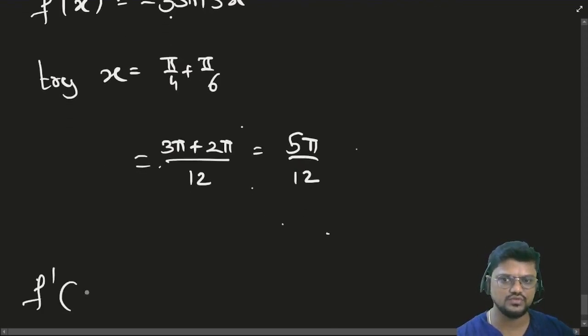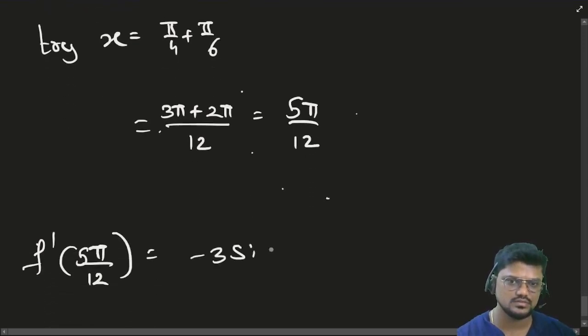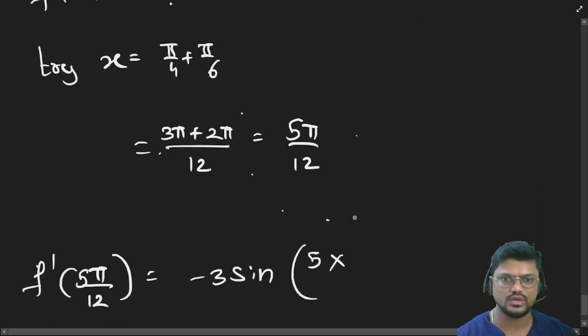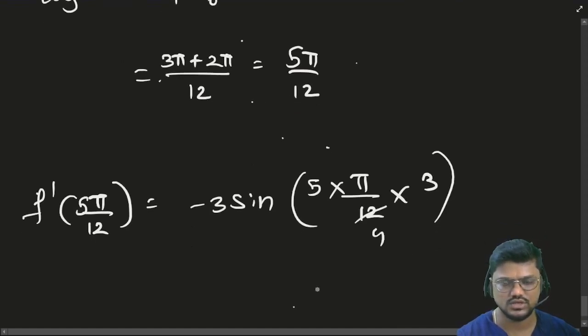Now, so f dash of 5 pi by 12 equals minus 3 sine 5 into 5 pi by 12 into 3. So now what will it be?